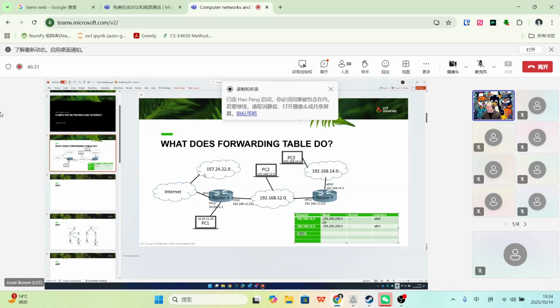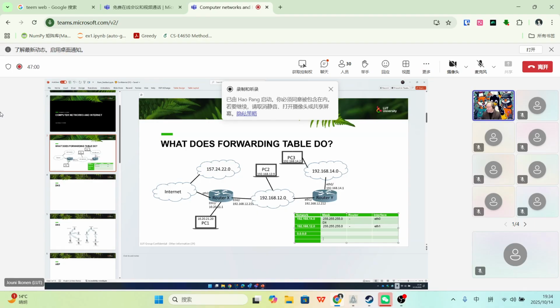So when our router Y is sending a data packet destined, for example, for this network here, we are going through the forwarding table. Does it match this rule? Destination address and mask say that they don't match. Does it match the next network or host? No, it does not match.